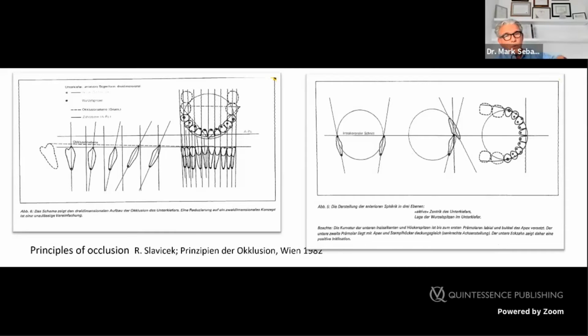As you see, we have to take care of all the front teeth and see the position of the premolars in the arch form. And this we can do easily with an aligner system.